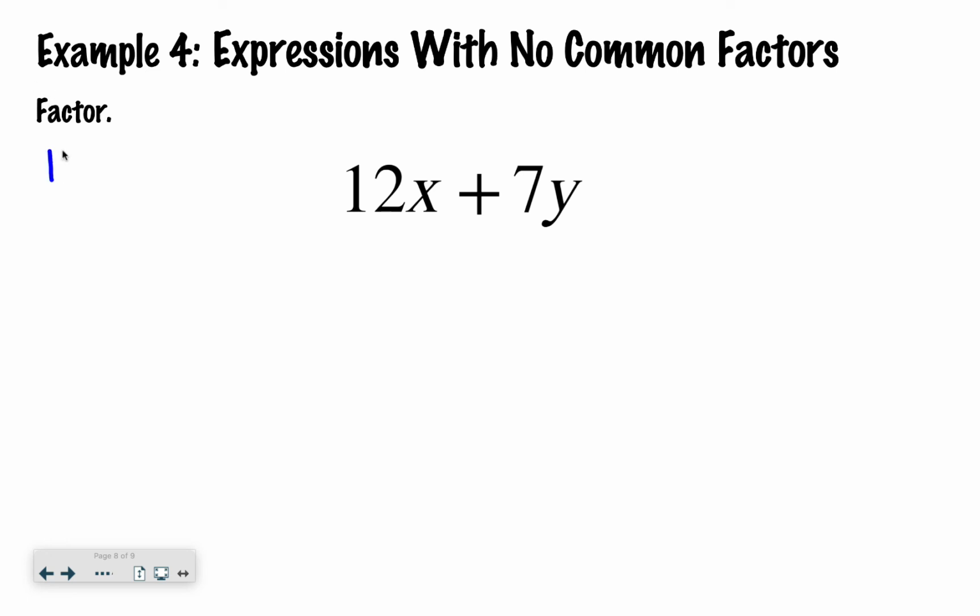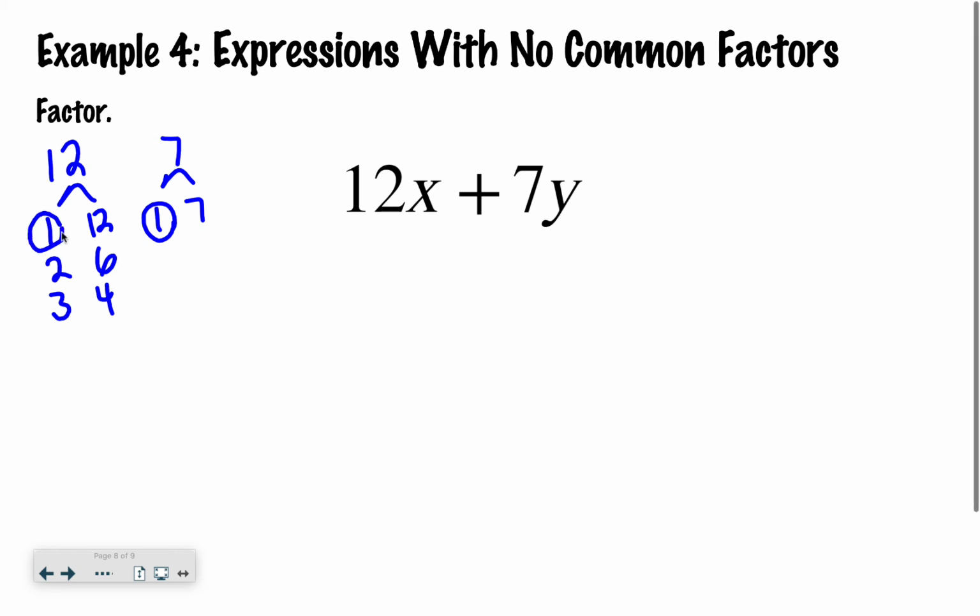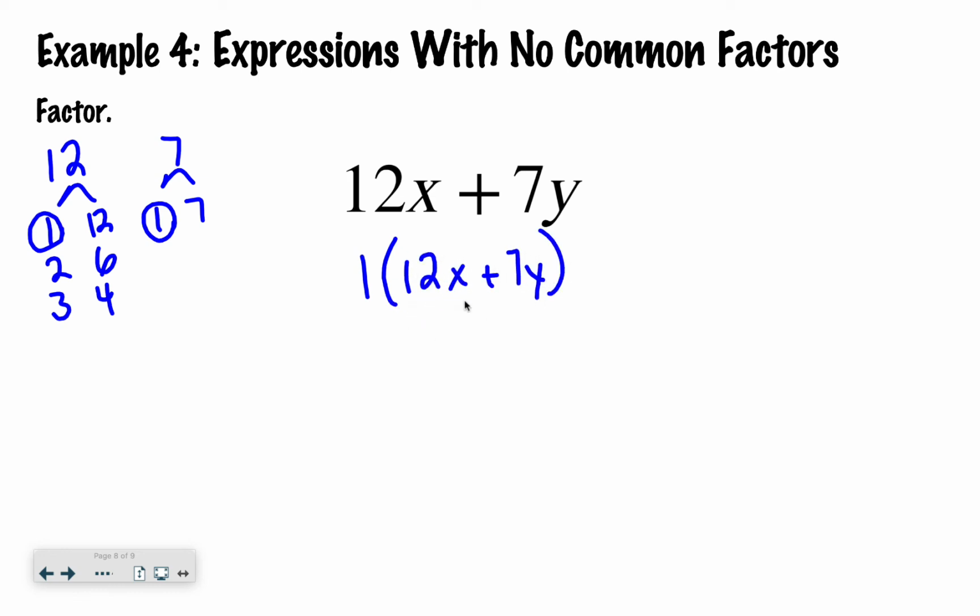All right, so now we have 12x plus 7y. So again, I'm going to look, what's my GCF? So I have 1 and 12, 2 and 6, or 3 and 4. Those are my factors of 12. Then 1 and then 7 is just 1 and 7. So the greatest common factor I have is a 1. So if I were to rewrite that with parentheses, I'd have 1 parentheses 12x plus 7y parentheses.